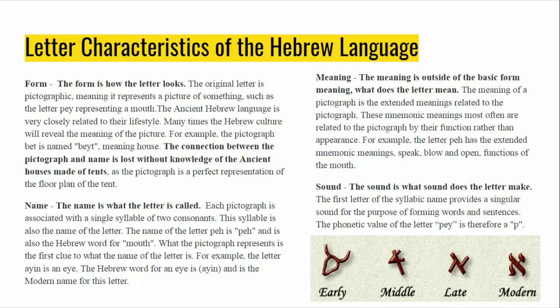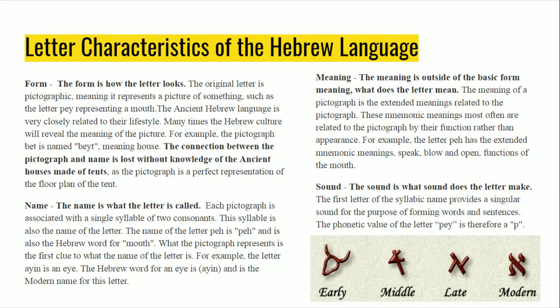Okay. The next one is sound. The sound is what sound the letter makes. The first letter of the syllabic name provides a singular sound for the purpose of forming words and sentences. So the phonic value of the letter pey is P, which makes the P sound. Or it also makes the PH sound, but we're not really going to get into that.